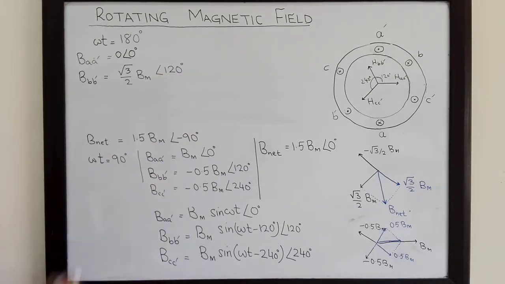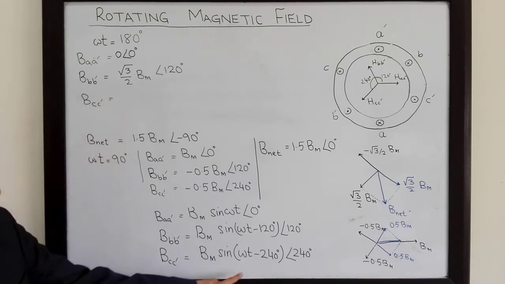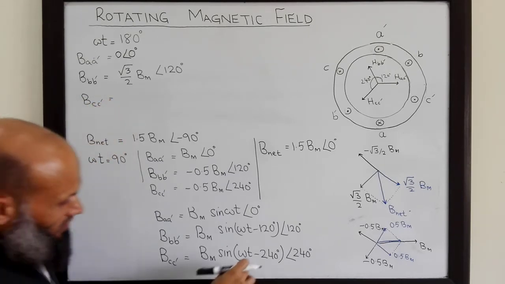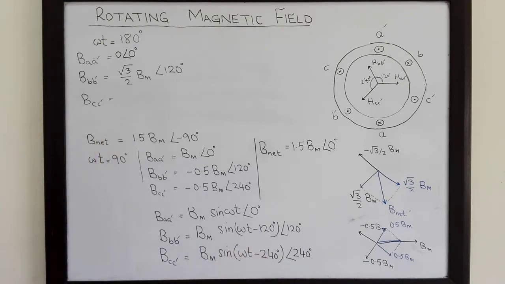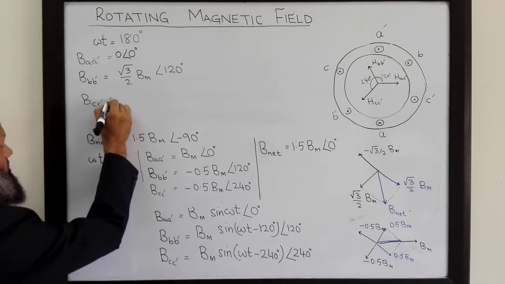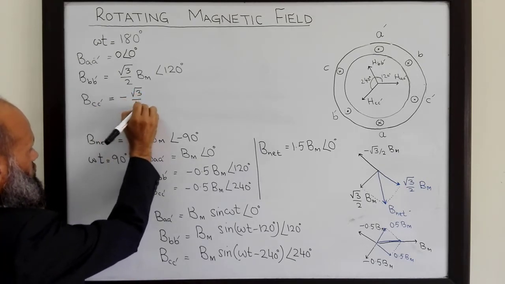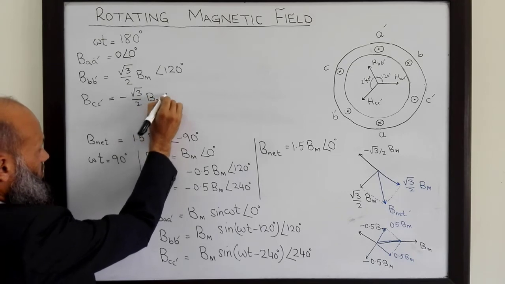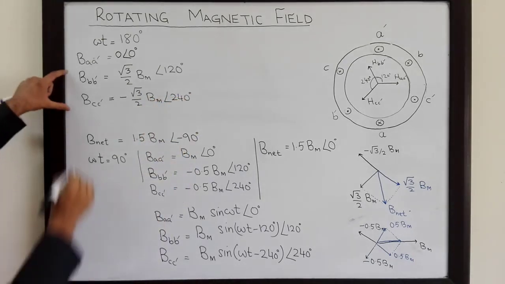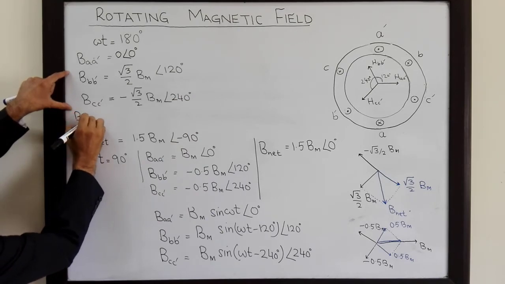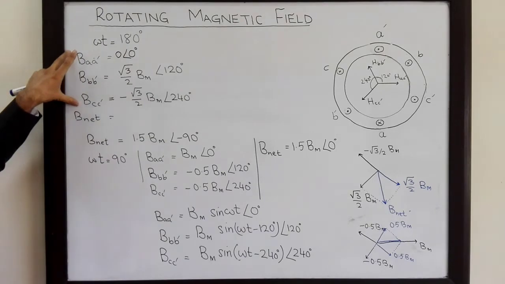And furthermore, B_C C dash, that is sine of 180 degrees minus 240 degrees, that is equal to minus square root of 3 by 2 Bm, angle 240 degrees. And the net magnetic field, again we will use the graphical approach to determine the sum of these three vectors.